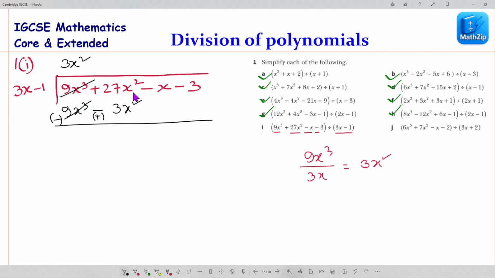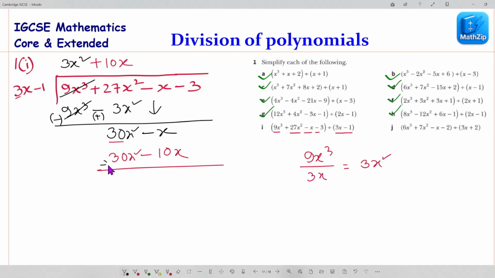27x square and then plus 3x square, 30x square. Now we will bring down the next term, which is minus x. So 30 divided by 3 is 10, x square divided by x is x. So here is plus 10x, 30x square minus 10x. Then here is minus, here is plus, right?